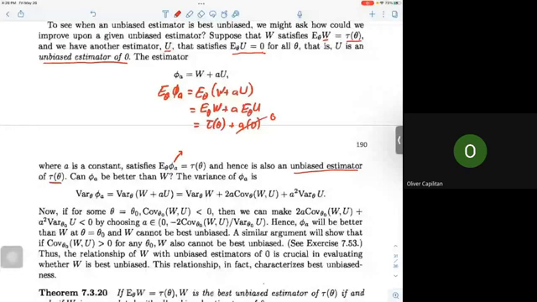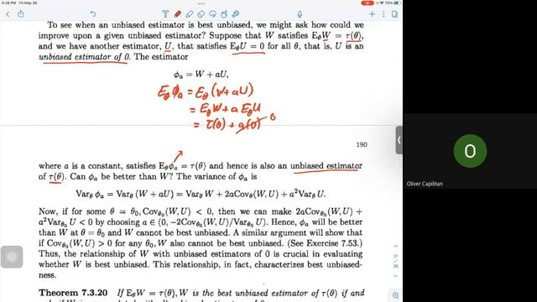Now, if for some theta equal to theta sub 0, the covariance of W and U is negative, because we know that the covariance of two random variables could either be negative, could either be positive, pwede din maging 0. So if it is negative, then we can make this expression here to be less than 0, to be a negative value.